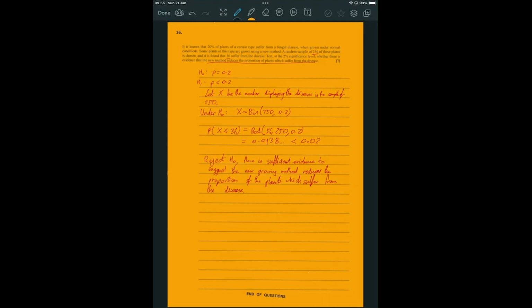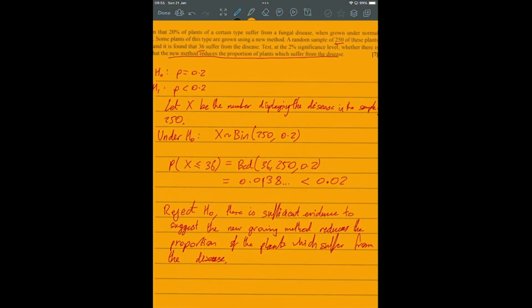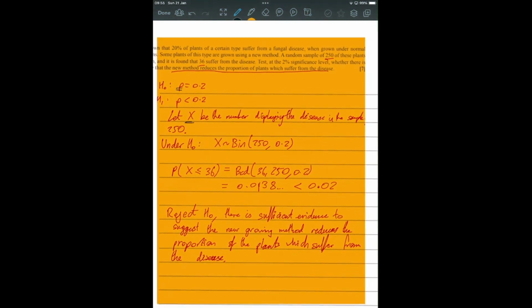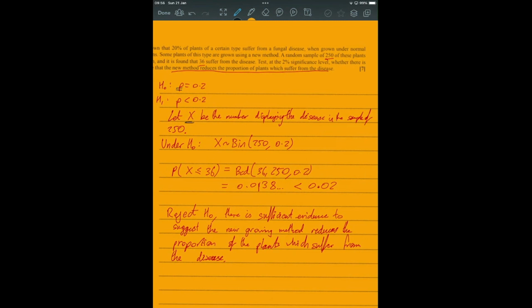Mysteries from the future again, just to add an extra comment onto this question here. So the structure is fine. However, whenever you introduce a letter, you should be defining that letter. So I did define what X was here, but I did not define what p was. So I really should do that as well to guarantee that I get all the marks.